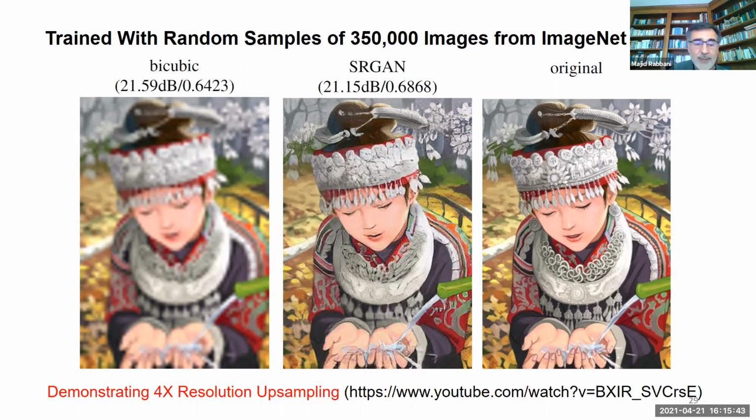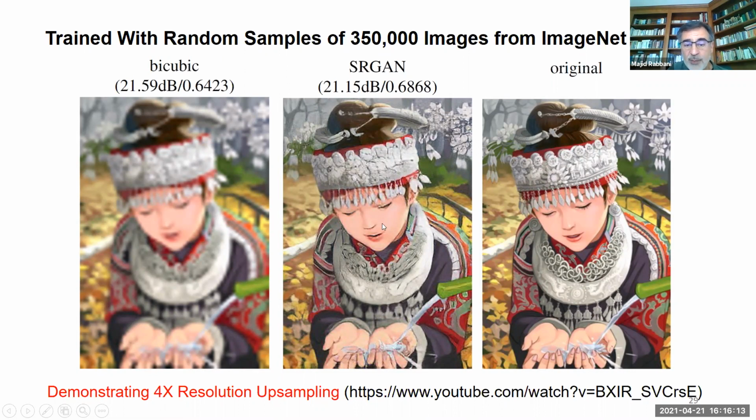If you look at the image to the left, this is a low-resolution image that has been 4x upsampled with bicubic, which is the most common traditional signal processing technique for upsampling images. Then the middle picture is the super-resolved picture using GAN, generative adversarial networks, okay? And the original, of course, which is better, is to the right.